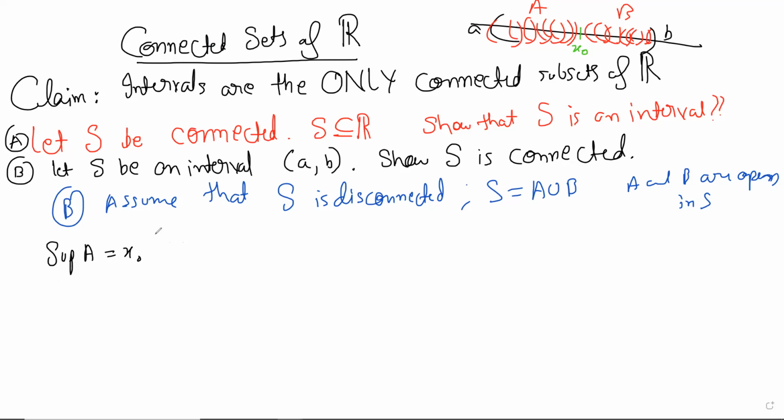See, if it is outside S, then we will not get a contradiction, right? If the supremum, well, from the picture, it looks like it cannot be outside S, but then it can be, in general. This could be B, is what I'm trying to say. And then you would not get a contradiction, right?